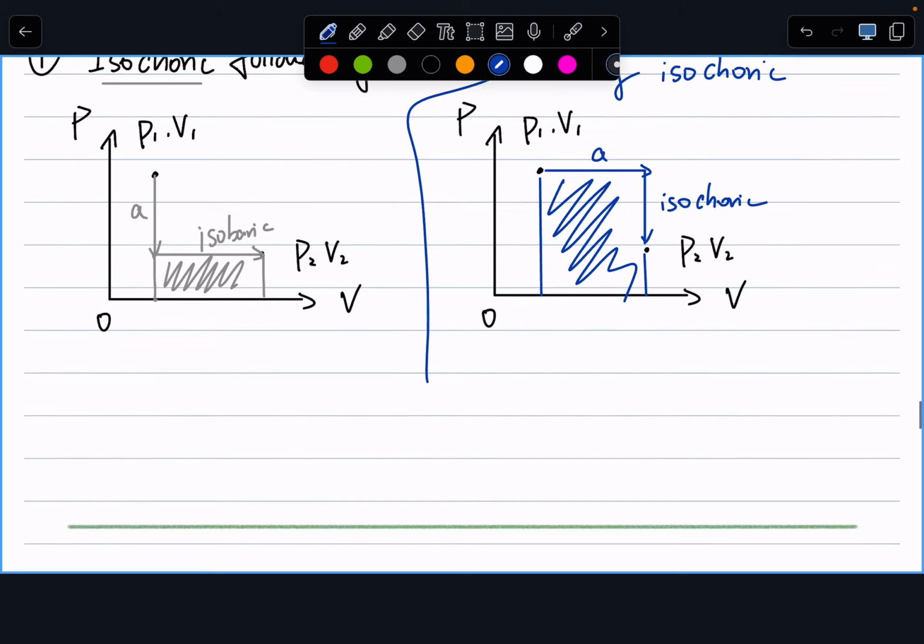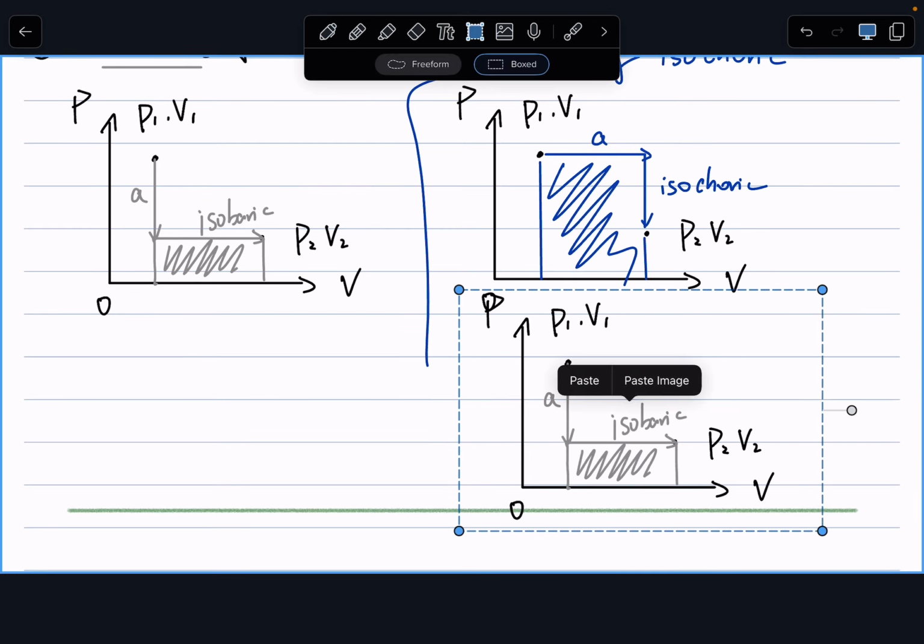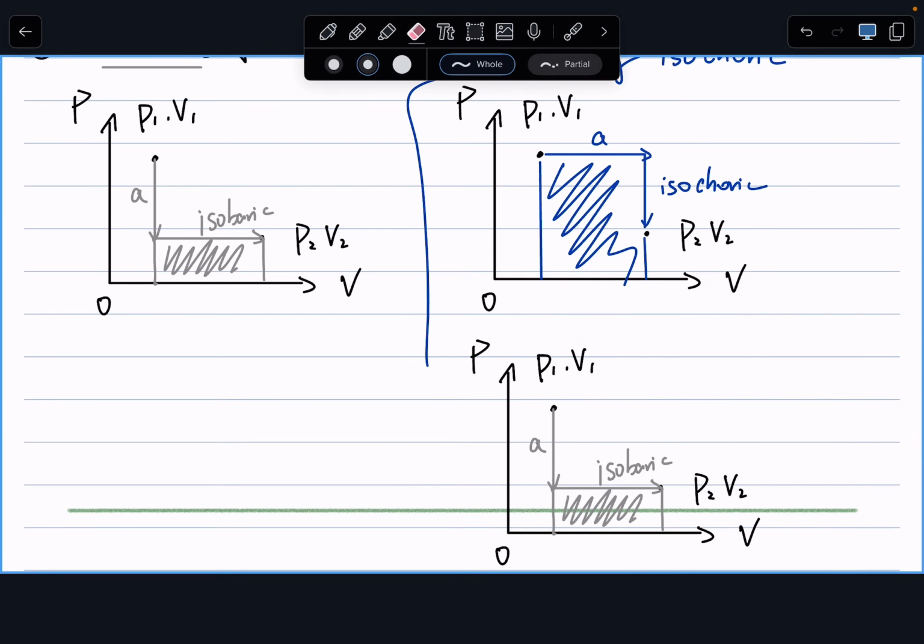All right. You can also think about other ways to do this kind of transformation, but just keep in mind we cannot calculate the work done knowing only the initial spot and the final spot. We must know how the process is taking place.